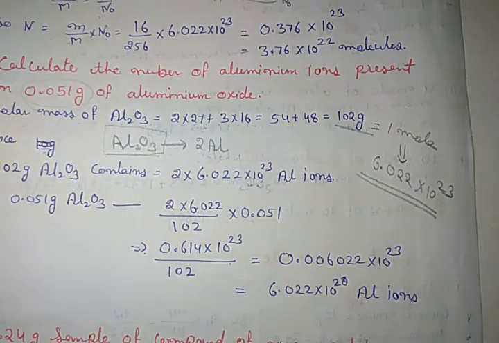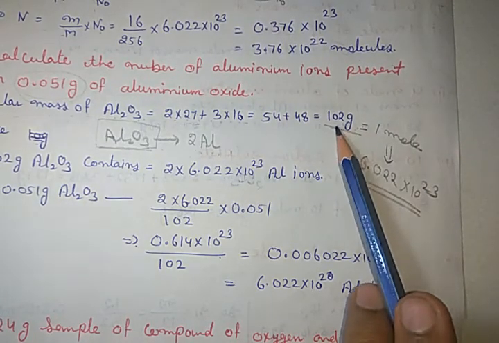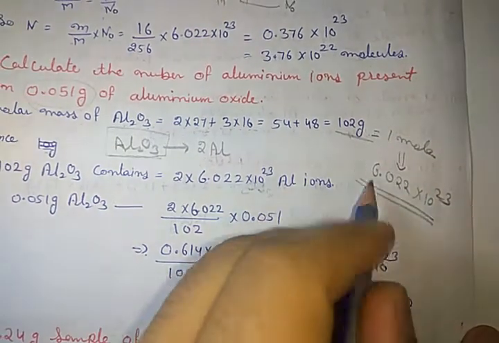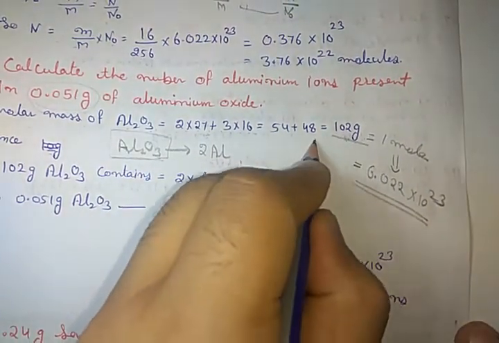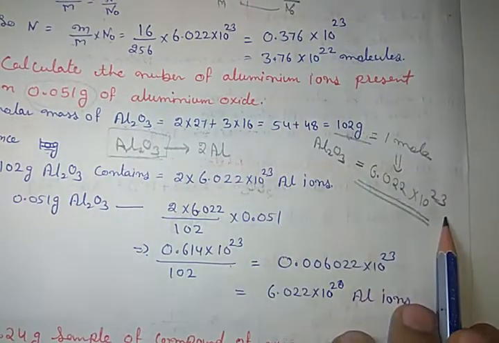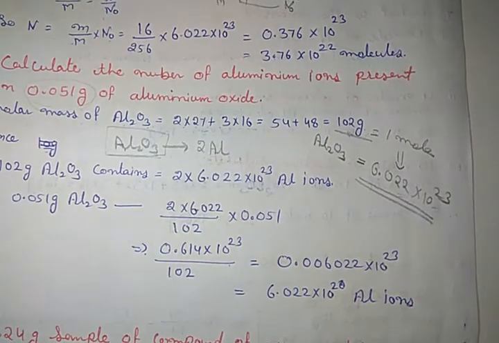That means if we take Al2O3 equal to 102 gram, then the particles of aluminium oxide will be 6.022 into 10 to the power 23.